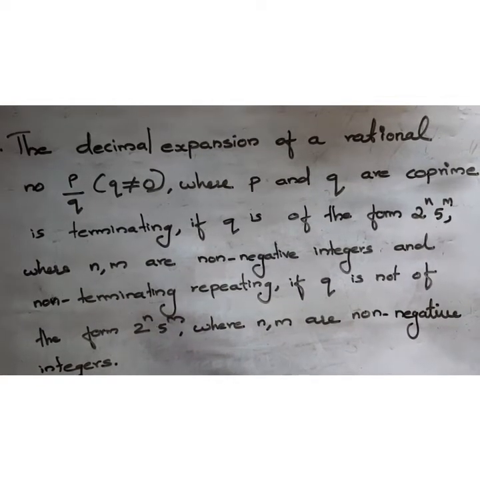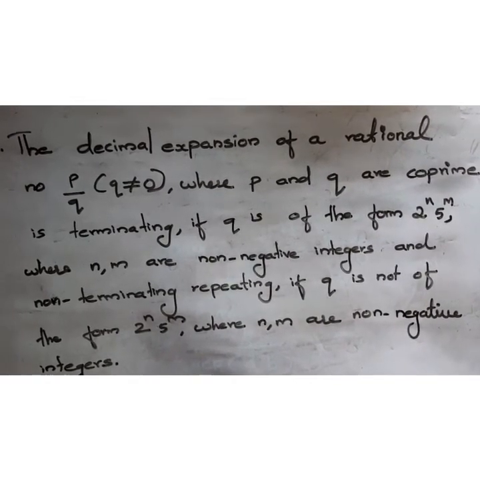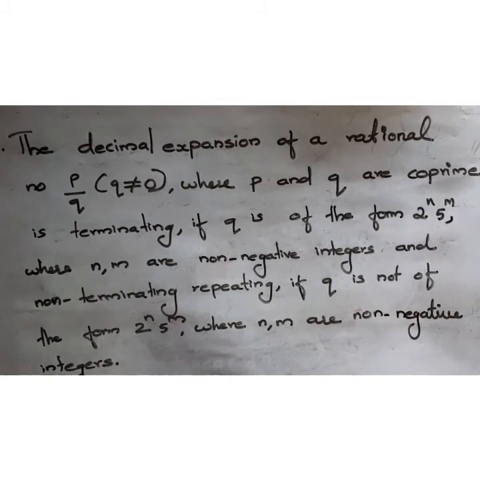This point you have to apply in the questions to check whether the decimal expansion of a given rational number is terminating or non-terminating repeating.